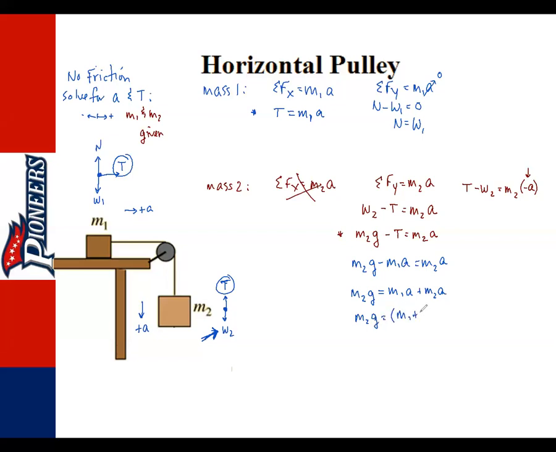Factor out the unknown A. And since we want to solve for A, I'm going to divide by the sum of the masses, and that's going to equal A. So now I can plug in the masses and get A. Once I get this value of A, I plug in my answer and multiply it by M1. I've got the tension.